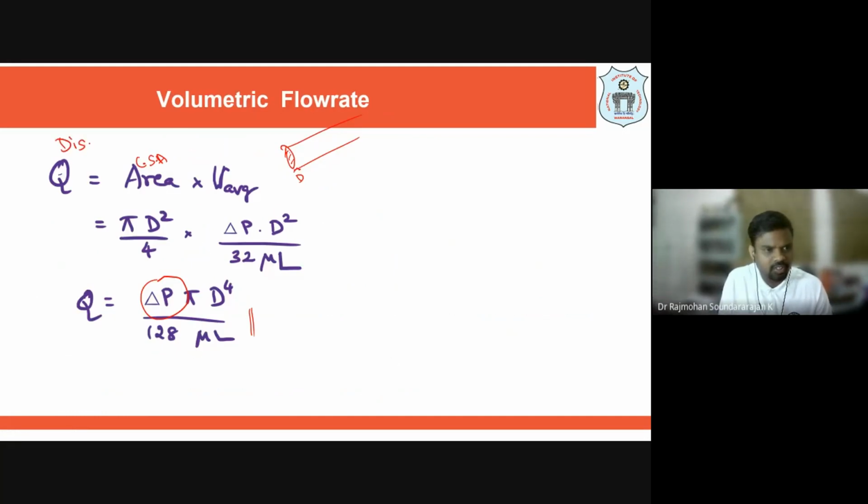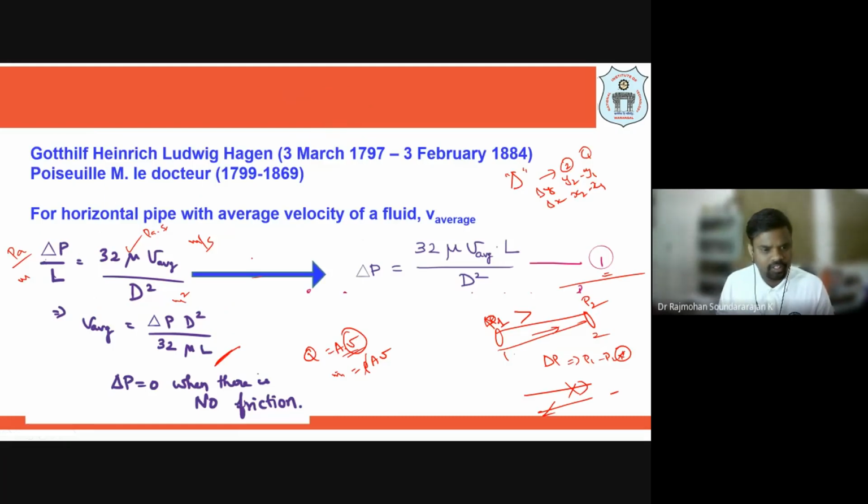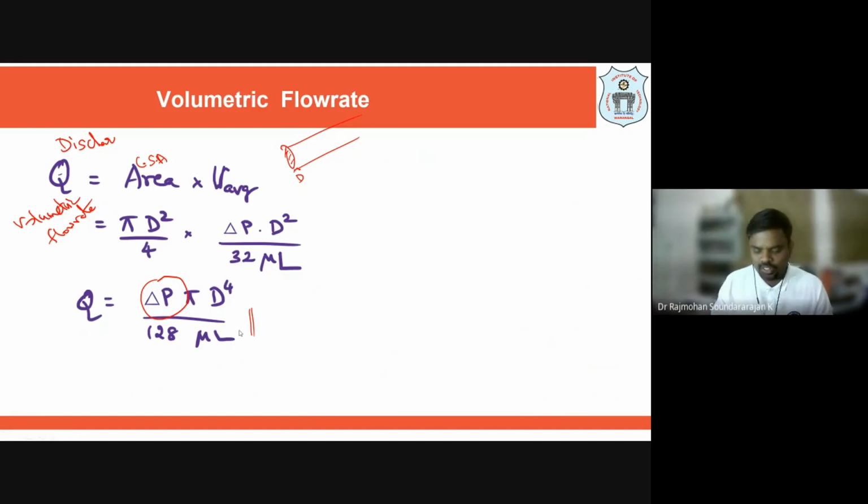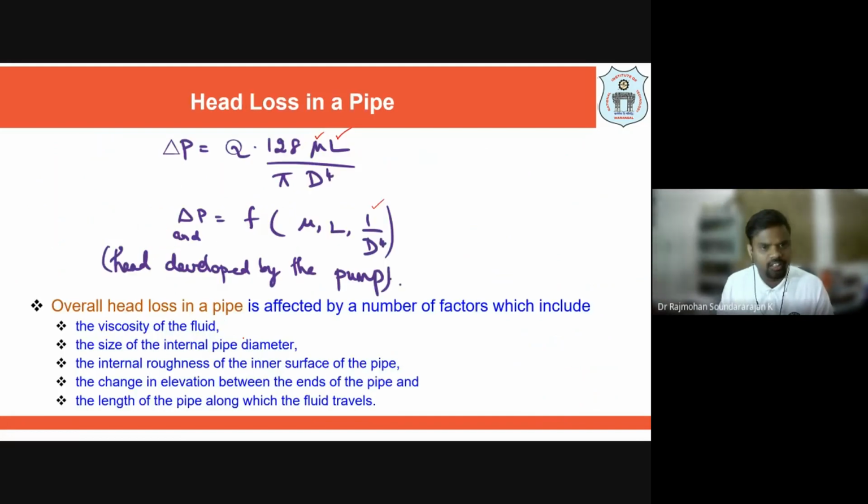Discharge is volumetric flow rate, which is equal to cross section area into V average. Here we are getting V average from the Hagen-Poiseuille equation rearrangement. Substituting that, we get Q equal to delta P pi d power 4 by 128 mu L. So rearranging it, we get delta P equal to this.